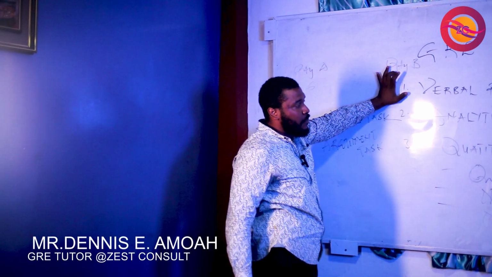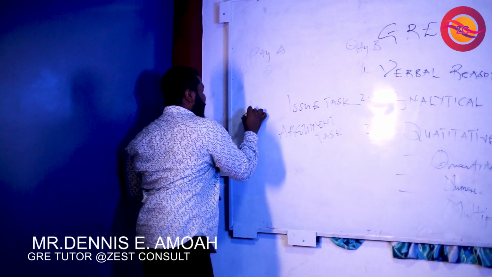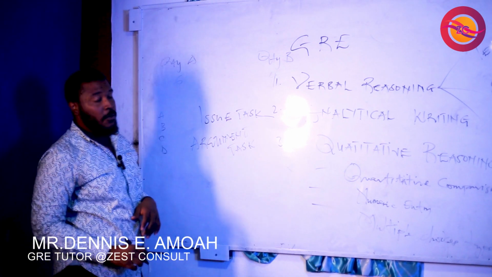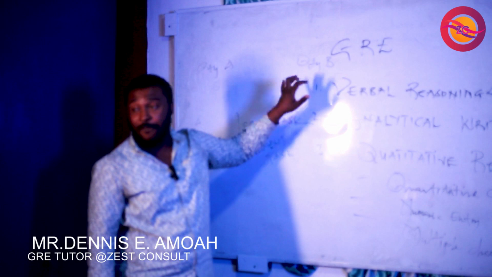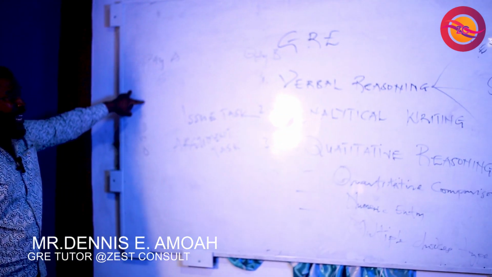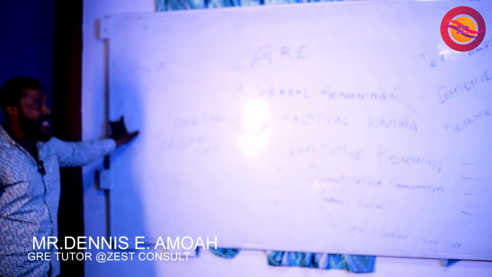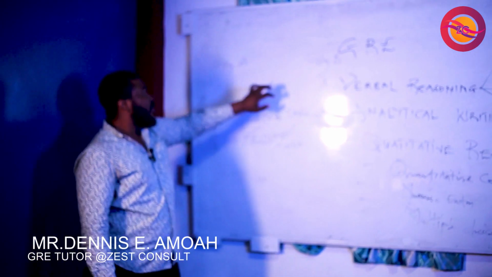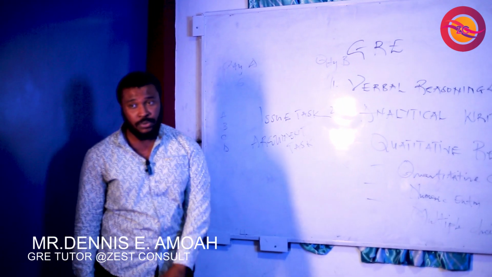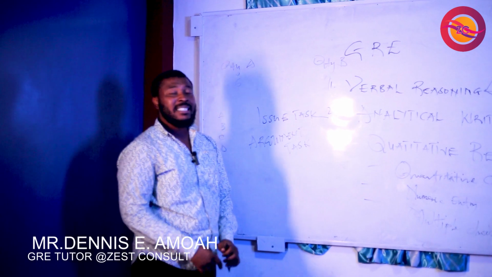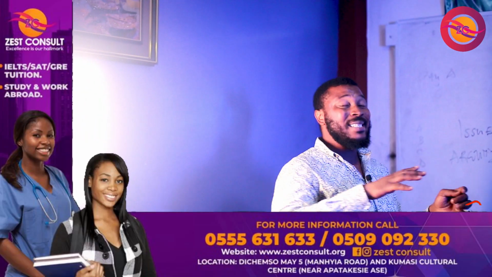To understand this well, we consider the options A, B, C, and D. For option A to be the correct answer, it means quantity A is greater than quantity B. For B to be the correct answer, it means quantity B is greater than quantity A. For C to be the answer, both quantities are equal. And for D to be the answer, the relationship between the two quantities cannot be determined.